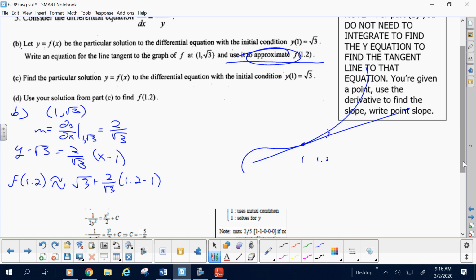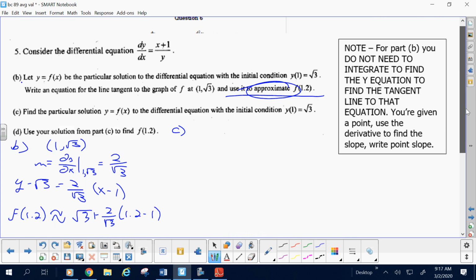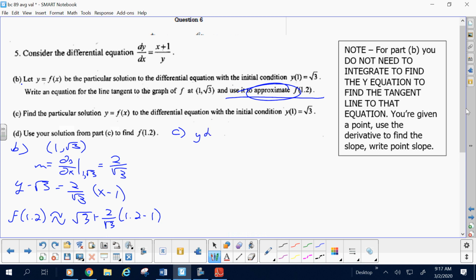All right. C then is separation of variables. So did you separate the variables properly and get something like y dy equals (x plus 1) dx? All right, then check your answer. Eventually, after a whole lot of calculus, I got y is the square root of x squared plus 2x. Is that what you got?